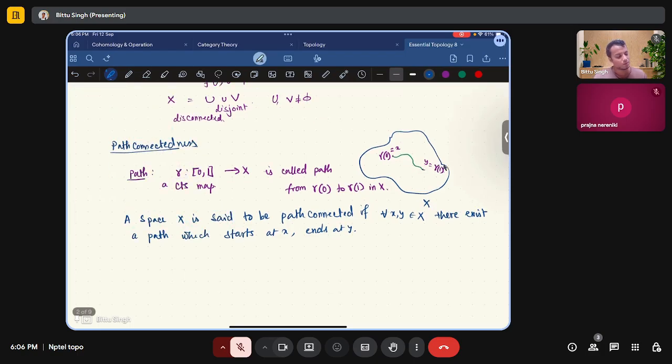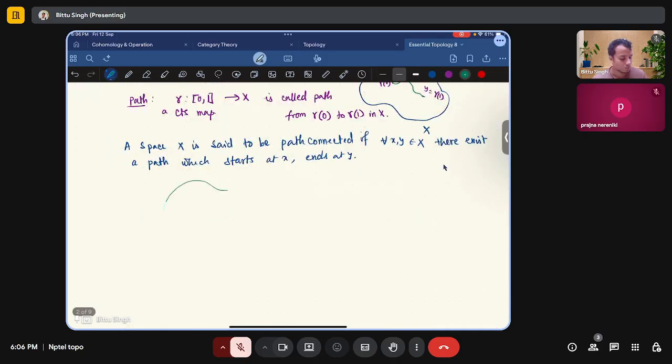Okay, so let me draw some pictures. Consider this space in R2, and suppose we remove the interior part of this circle. So the space is this. This is the topological space, we are considering this region. Now this is also path connected, right?